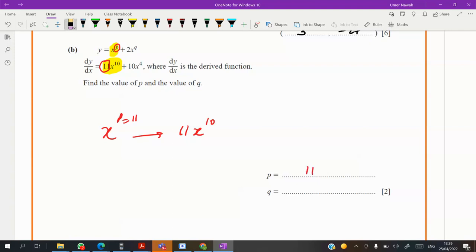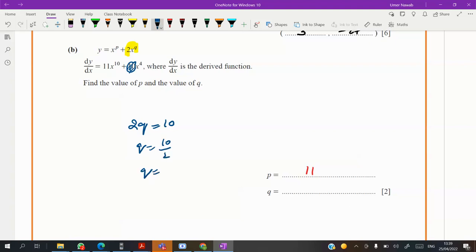Number one. Next thing, Q. What should be the Q? You see that the Q goes back and multiplies with 2. So 2Q has to be equal to 10, because 10 is written by him. Q is 10 over 2, it gives you 5.